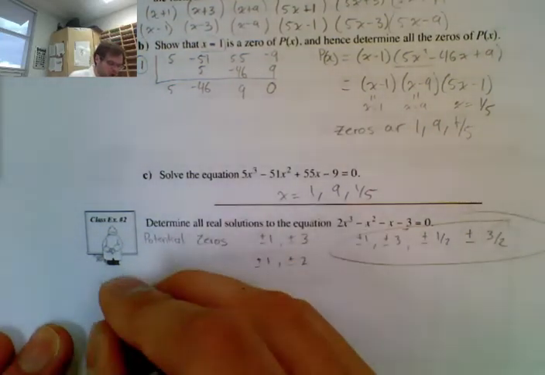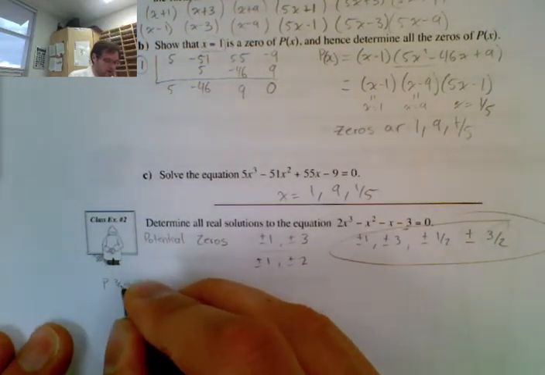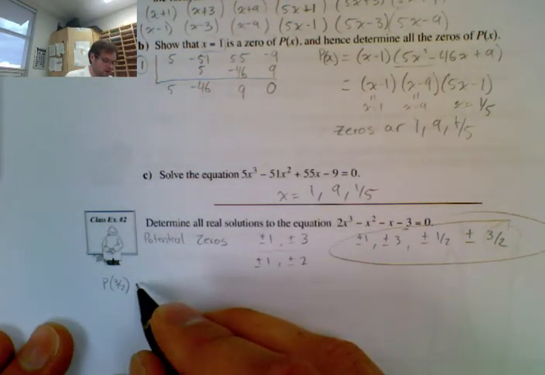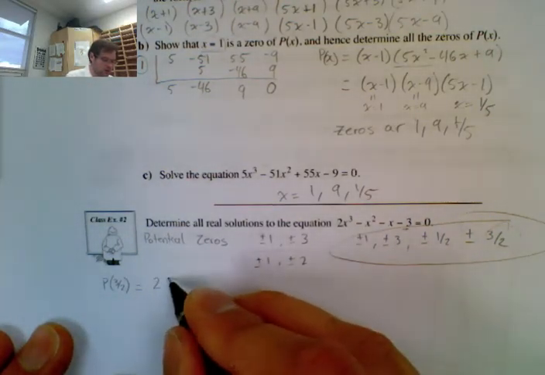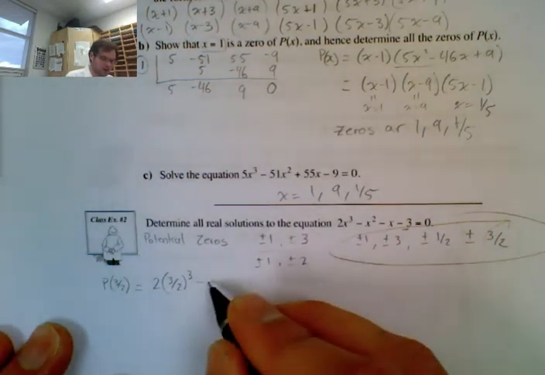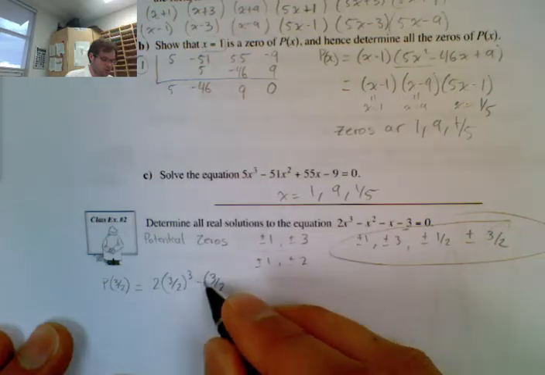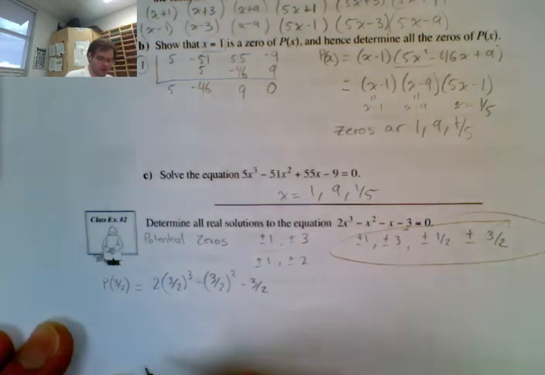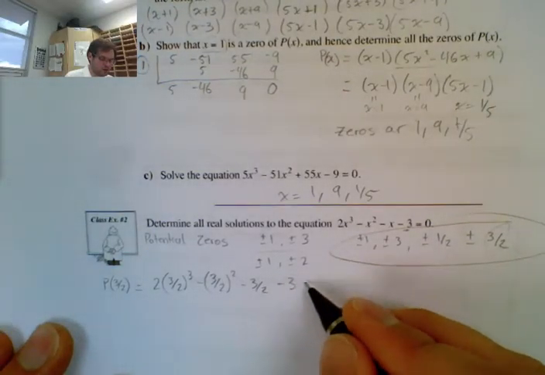So I'm going to say P of 3 over 2 is, double check here, it's going to be 2 times 3 over 2 cubed minus 3 over 2 squared minus 3 over 2, and then we have to minus 3 is equal to 0.